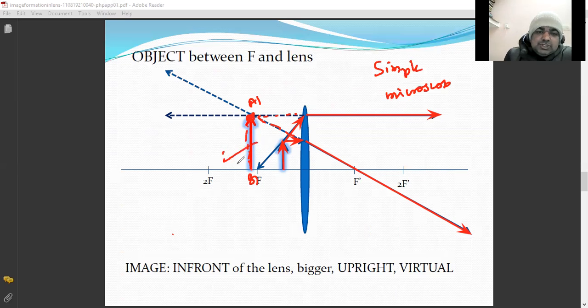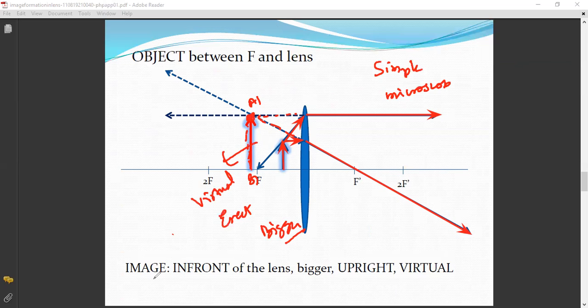This is your virtual image. The image will be virtual, erect and bigger in size. You can see it magnified also. That's why this property is used as a magnifying glass. Whenever you want to see an enlarged image, we use this property of a convex lens.